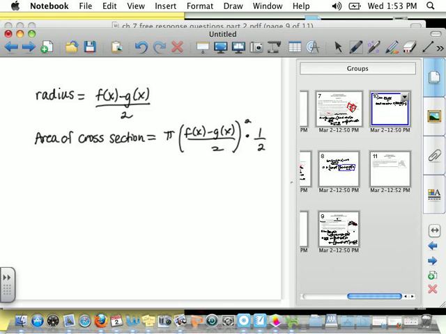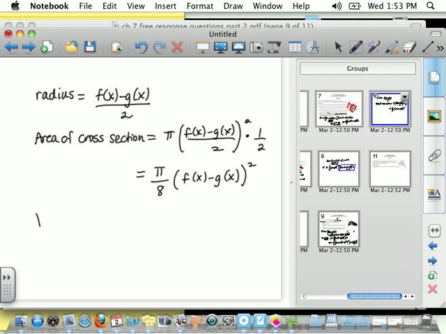Okay, so let's kind of clean that up a little bit. You're going to have pi. When you square this, you're going to have 2 squared on the bottom times another 2. So I'll have 8 on the bottom, and then I have f of x minus g of x squared.